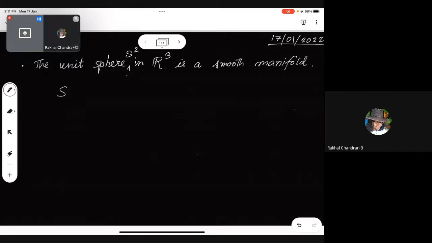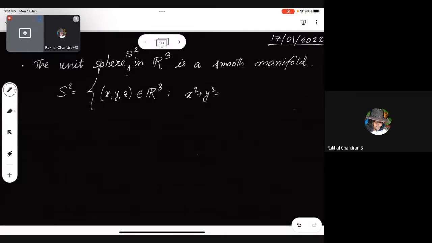So what is S2? S2 is the set of (x, y, z) in R3 such that x squared plus y squared plus z squared is equal to 1, right?